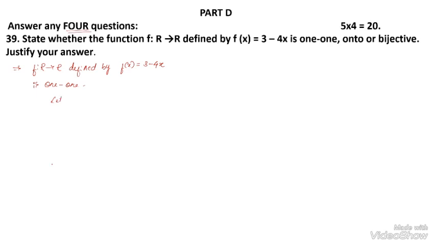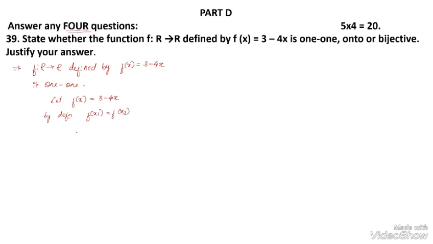Let f of x equal 3 minus 4x. By the condition of one-one, f of x1 is equal to f of x2.